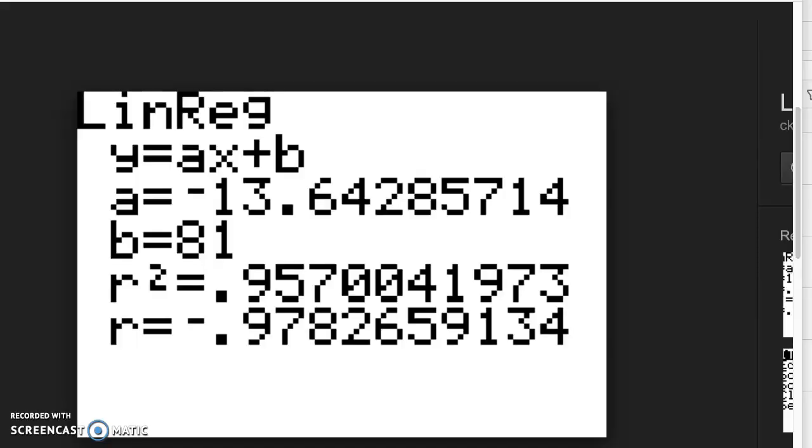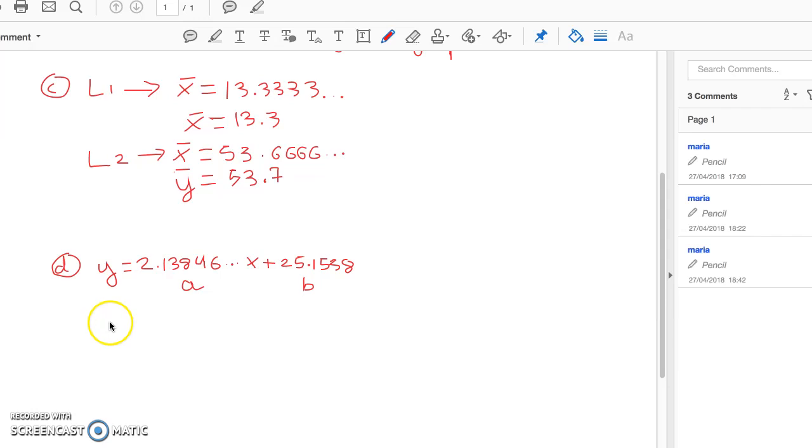We already did in stat calc, linreg, linear regression, that other than the Pearson correlation coefficient, it gave us the regression line, and I have a value for the A and a value for the B. These are not the values, but show you what you see in your calculator. With the proper values, that's the equation, the regression line we have.